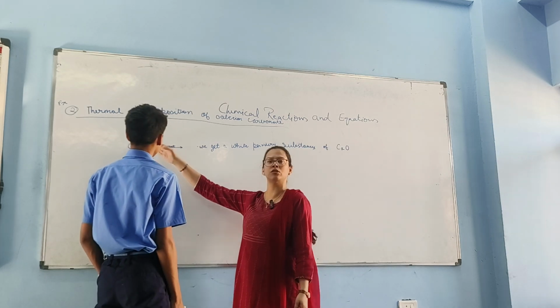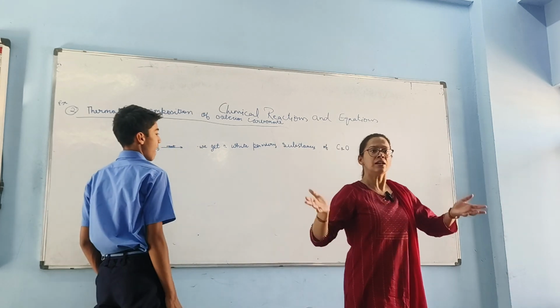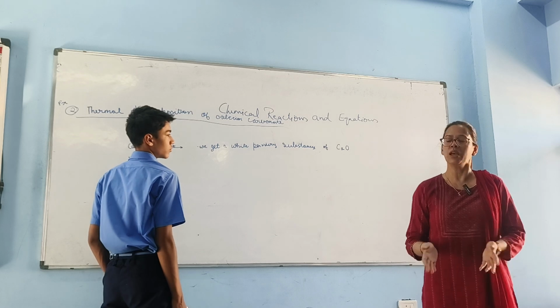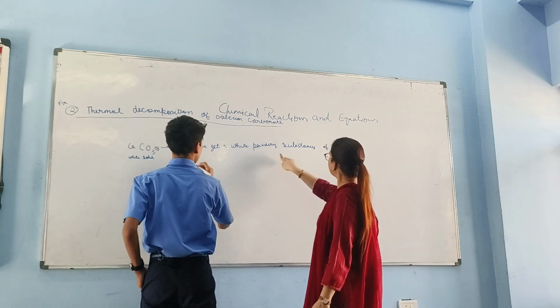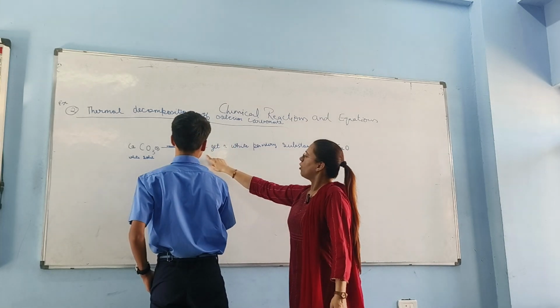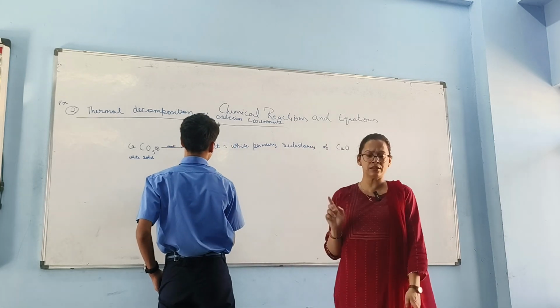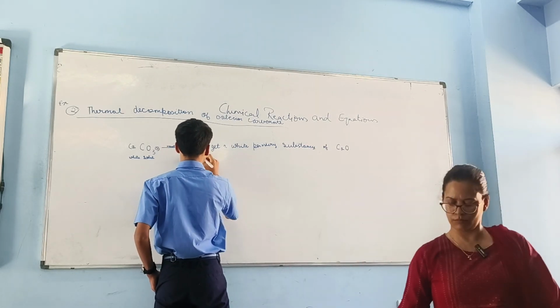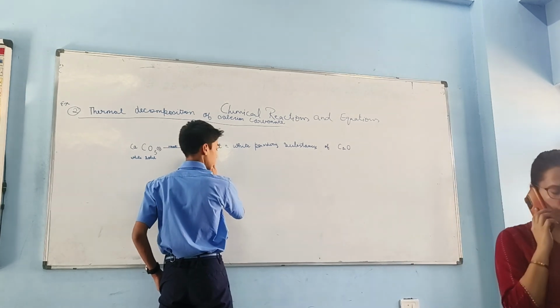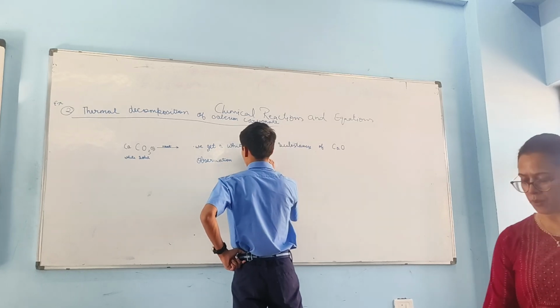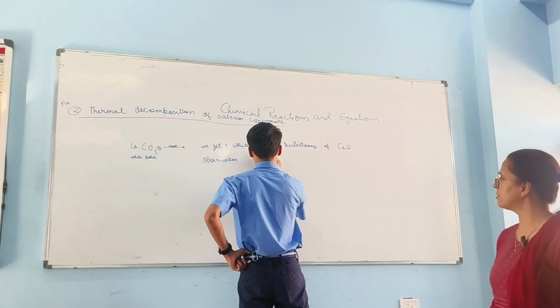We have carbon, we have oxygen, so we can guess that the gas released is carbon dioxide. So write, we observe effervescence of carbon dioxide gas. No need to write the whole thing.